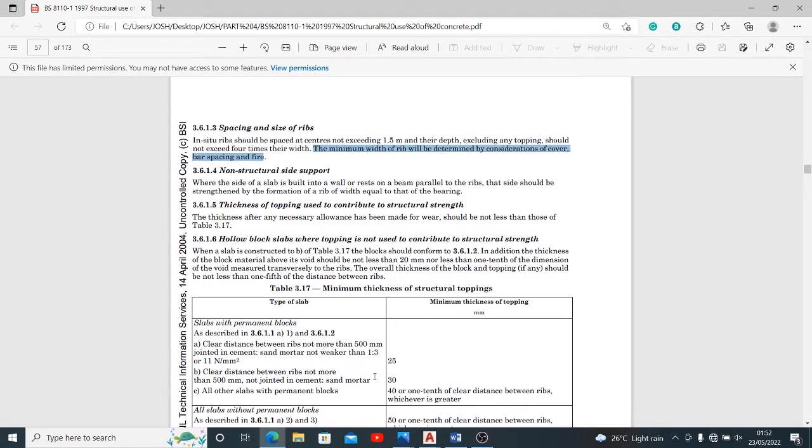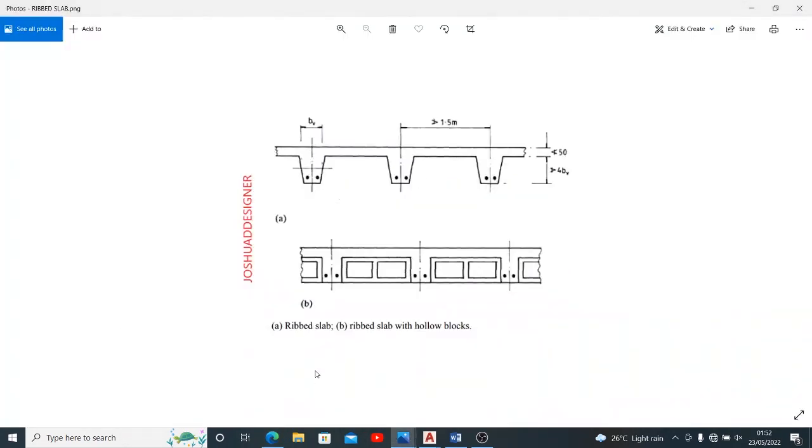So it will mean that whenever you are considering the width of your rib, you'll be considering the cover to reinforcement, the spacing of your bar and fire resistance before you will be able to arrive at the minimum width for your rib slab, which is exactly this bv, right? So I hope you get that clear.